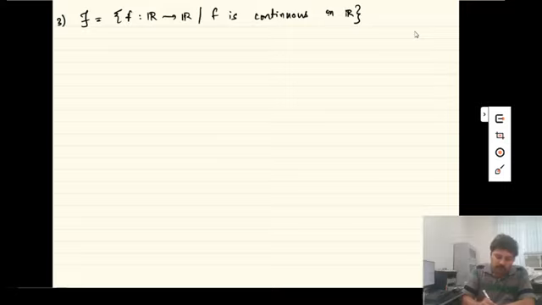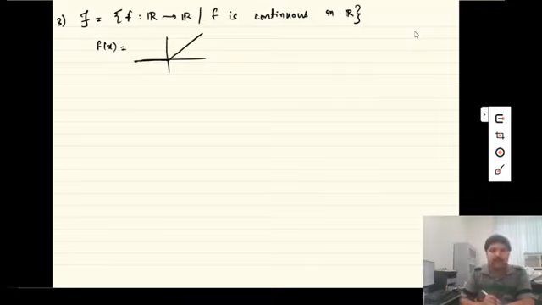So for example, this function f of x defined in this particular way.